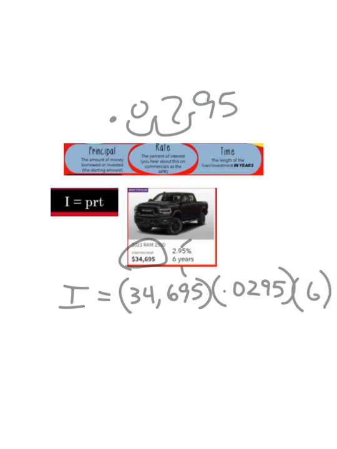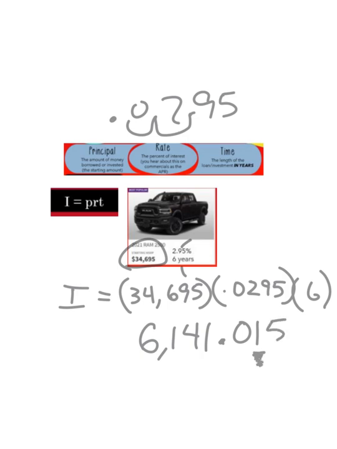I'm going to need my calculator for this one. 34,695 times 0.0295 times 6 equals. So we're going to get 6,141.015. Oh, looks like we're going to need to round.